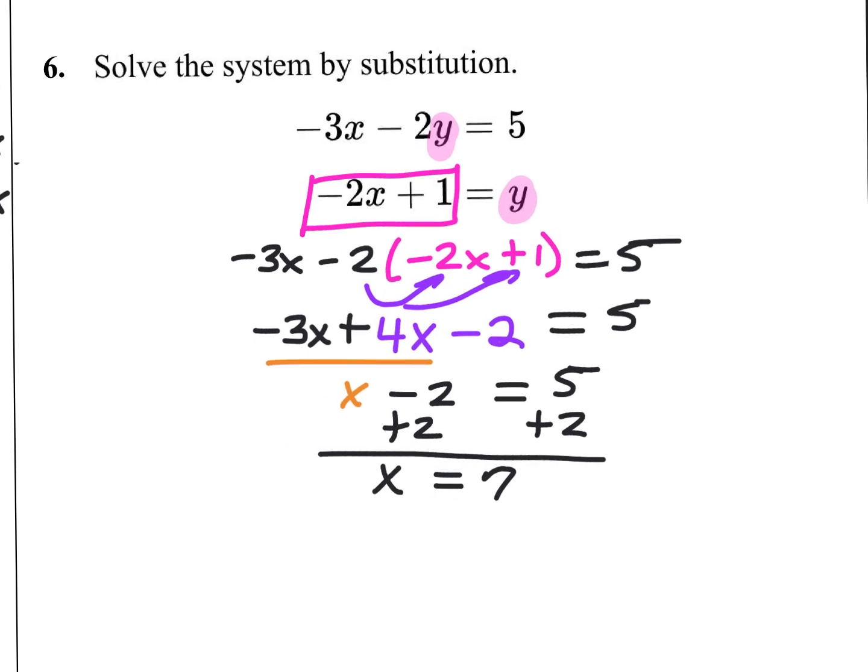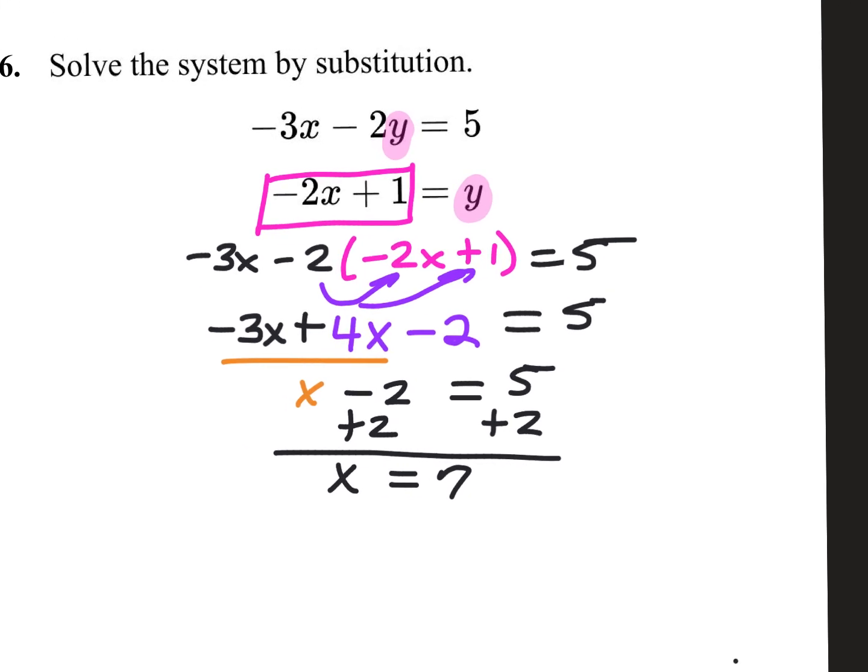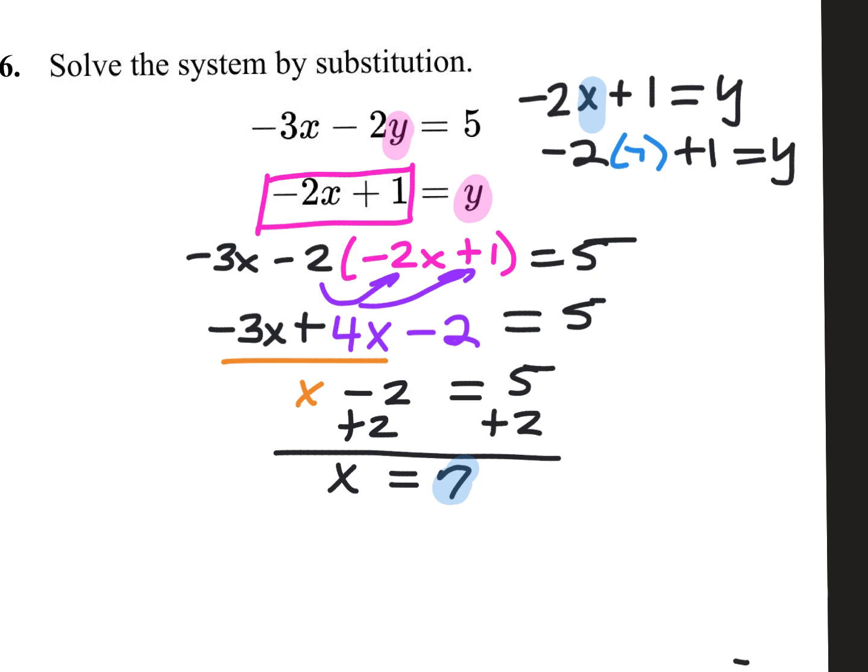And finally, now that I have an x coordinate, I still need to get a y coordinate. So I'm going to say negative 2x plus 1 equals y, so that I can figure out what my y is equal to. But instead of writing an x, I'm going to replace it with a 7. So negative 2 times 7 plus 1 equals y.